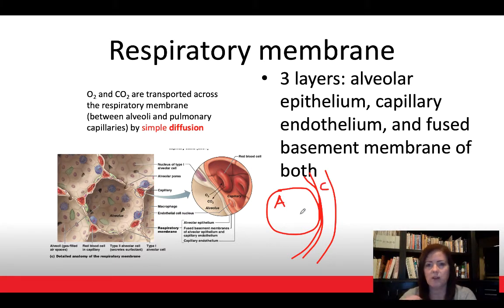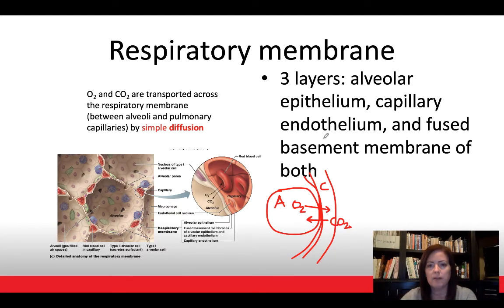As we breathe air in, oxygen is going to enter the alveoli, and then diffuse into the capillary down its concentration gradient, and carbon dioxide is going to do exactly the opposite. Carbon dioxide traveling in that capillary is going to diffuse across those very thin walls into the alveoli so that we can exhale it out to the environment.